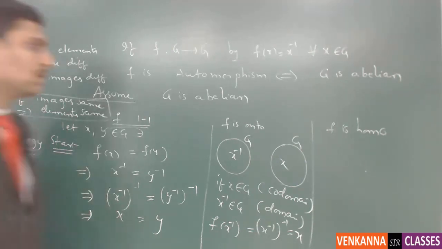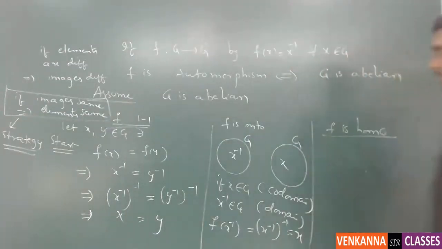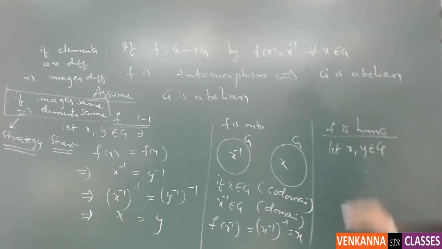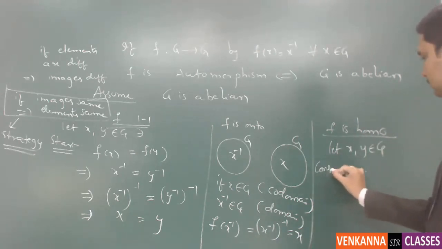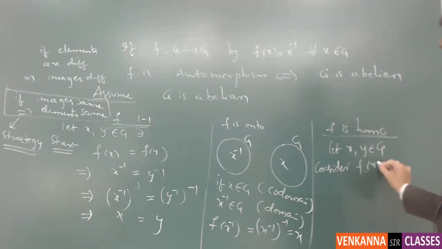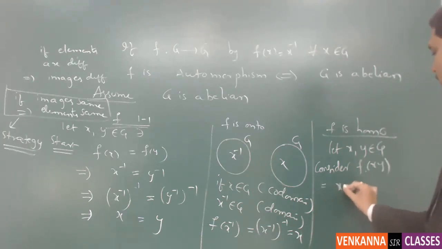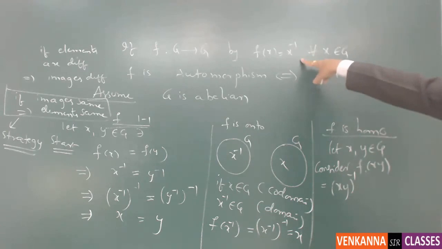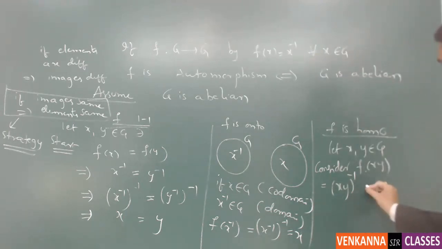Right. So coming to homomorphism, you take two elements, consider f of xy. This is equal to xy whole inverse from the definition of f. This is equal to y inverse x inverse.